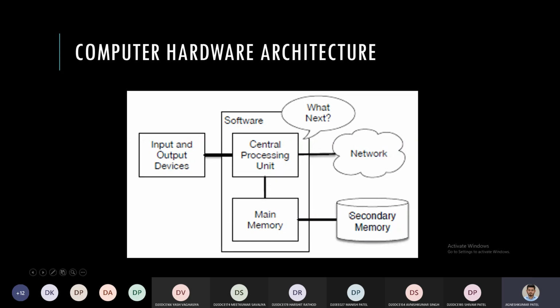So this is basically the hardware of a computer, but to run all these things, you need a software or a program in your CPU, which can do different tasks, which can process the data, which can give commands to input or output devices, which can communicate with the network.